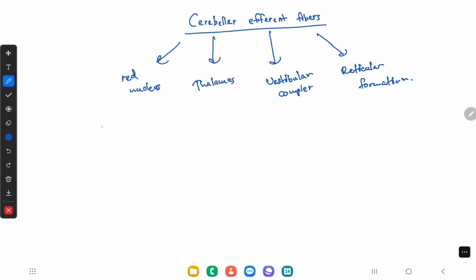So there are four pathways. First one, globose emboliform rubral pathway.